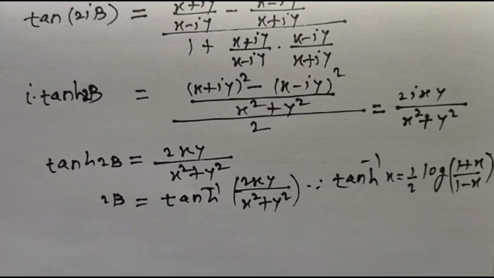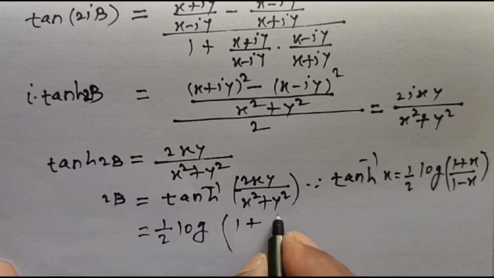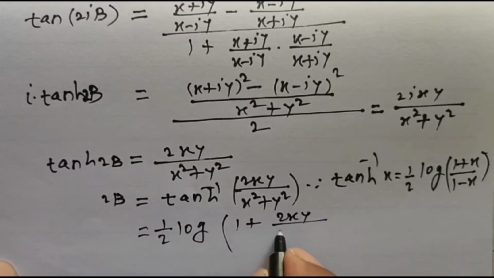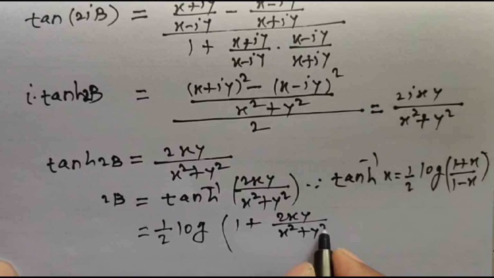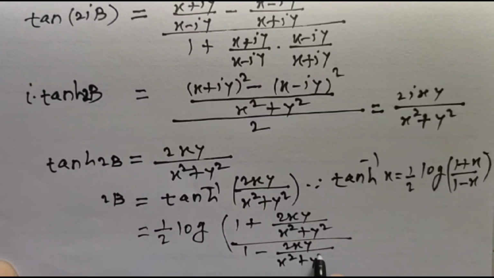So this can be written as 2b is equal to 1 by 2 logarithm of (1 plus 2xy divided by x square plus y square) divided by (1 minus 2xy divided by x square plus y square).